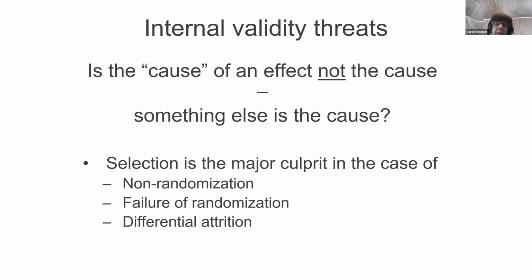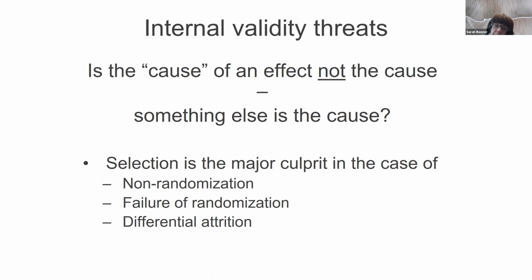So usually we deal with threats to internal validity, other than the social threats which were covered previously, through random assignment to groups. It is, however, always possible, as we saw with social validity, that the purported cause of an effect, what you hypothesize is causing a difference between means, is not the actual cause. Something else is the cause. And selection is your major problem when you don't randomize.